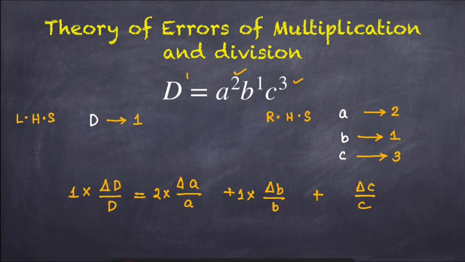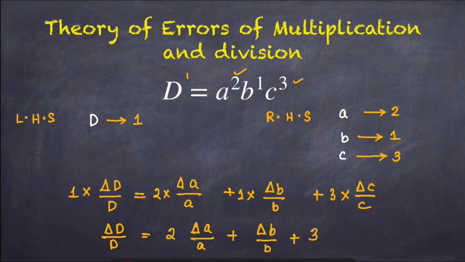And the power of C is 3, so 3 into. So by the theory of errors, we can write delta D by D is equal to 2 times delta A by A plus delta B by B plus 3 times delta C by C. This is the expression that we can write with the help of the theory of errors.